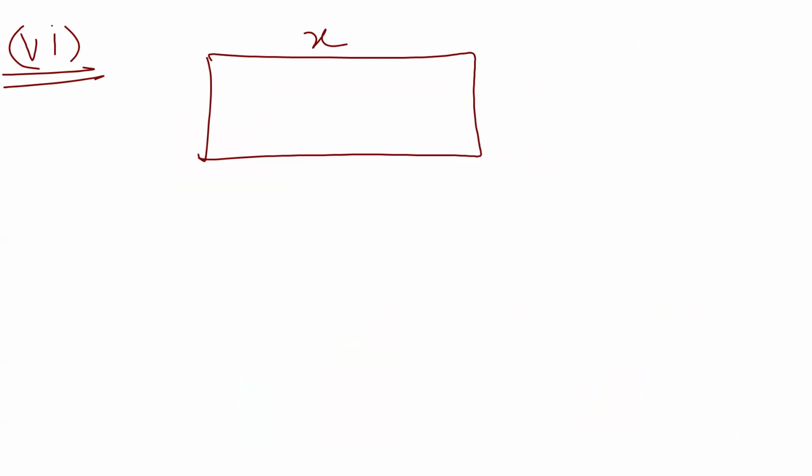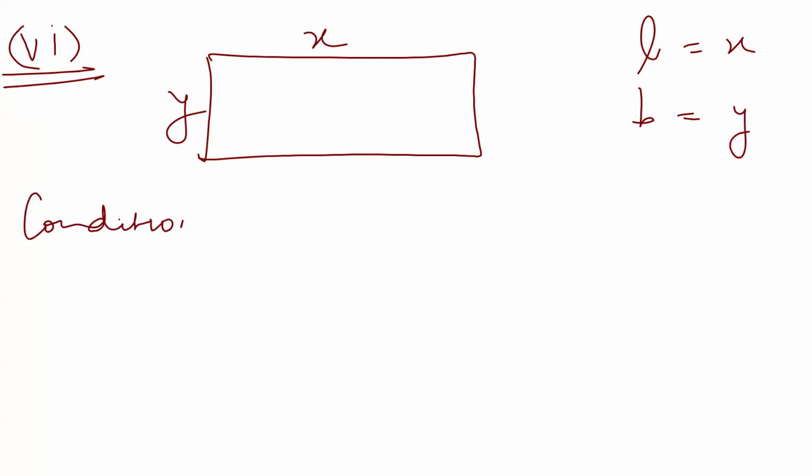This is length and let this be breadth. Length is equal to x and breadth is equal to y. So condition 1, length is twice breadth. Therefore, x is equal to 2y.